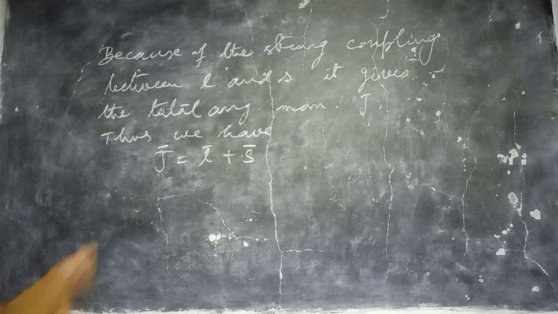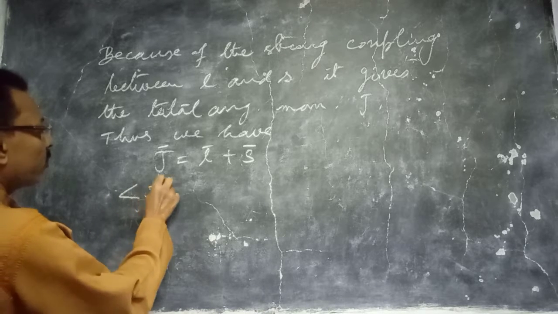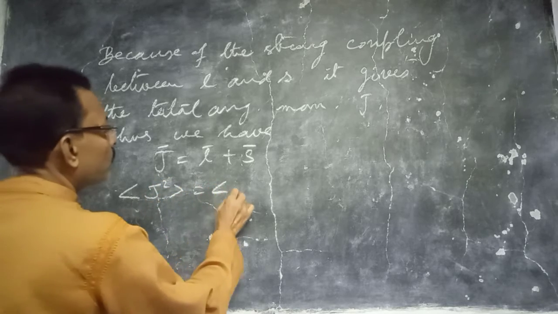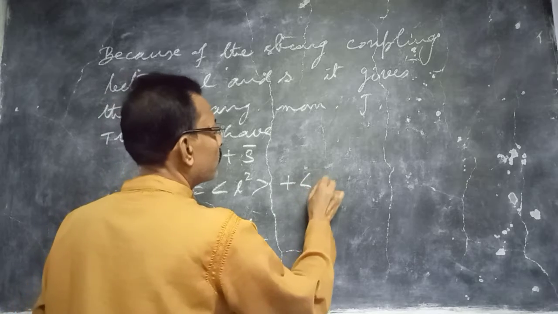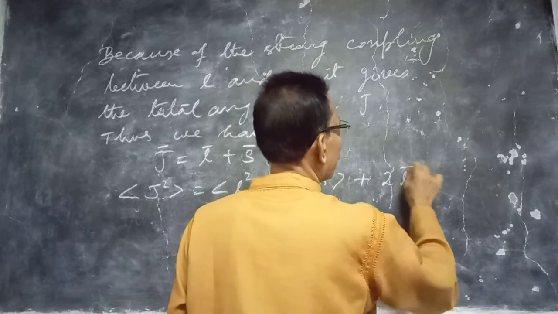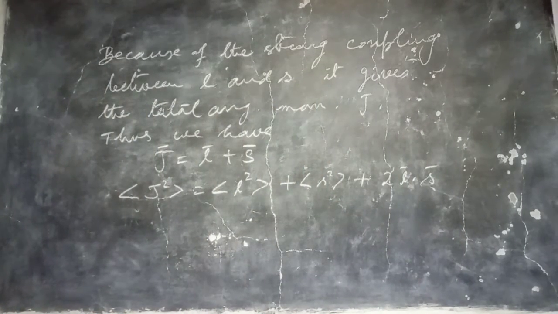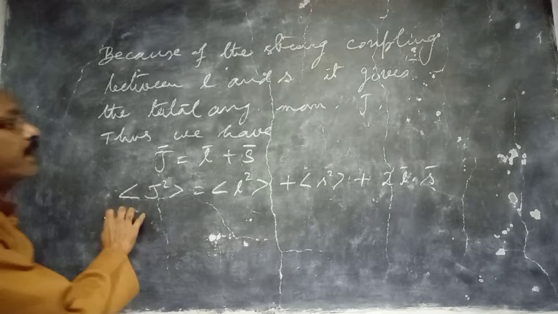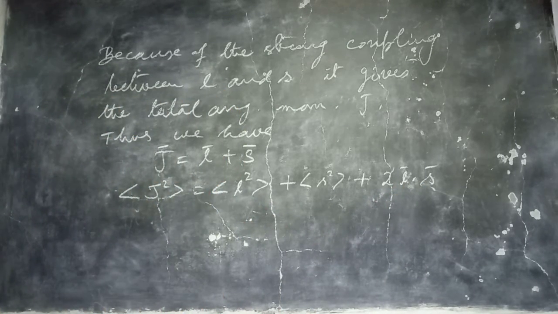Now, if we square both sides, we write J squared equals L squared plus S squared plus 2 L·S. From this expression, one can find the L·S product.